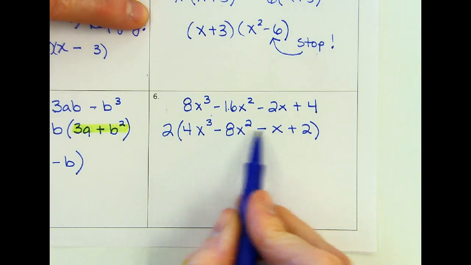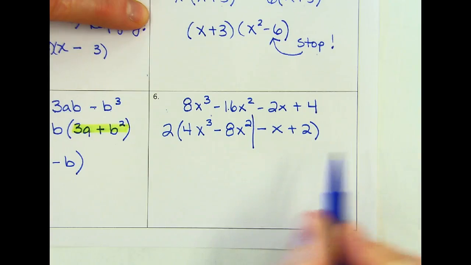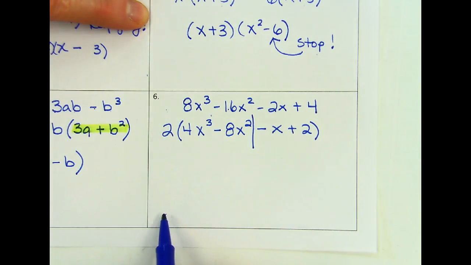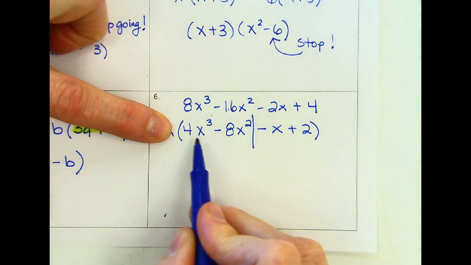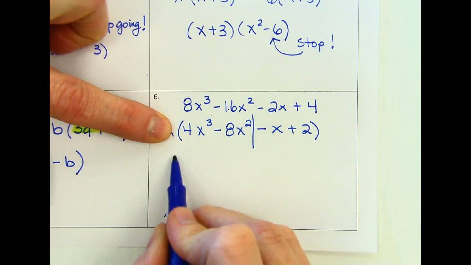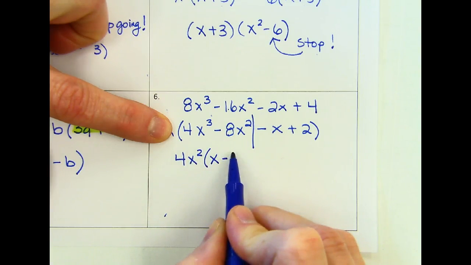Now I still have a polynomial with 4 terms, so I can still group it. Now we're going to ignore this 2 for just a minute. We're going to add that back into our answer down at the bottom. So for right now, let's just focus on grouping these two parts. So I have a 4 in common and x squared in common. So it is x minus 2.